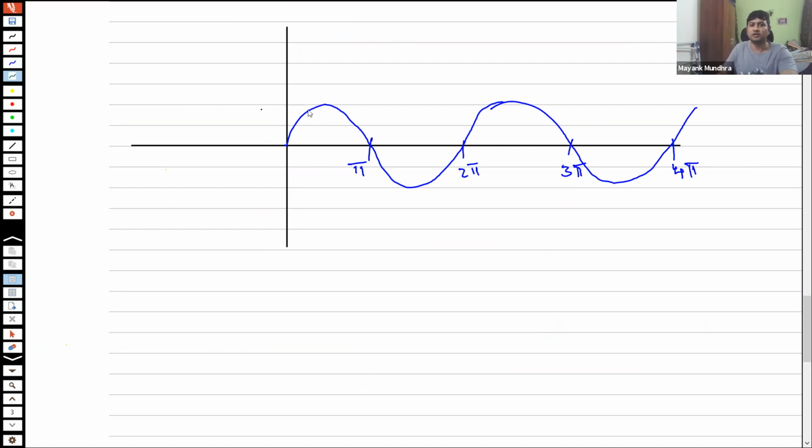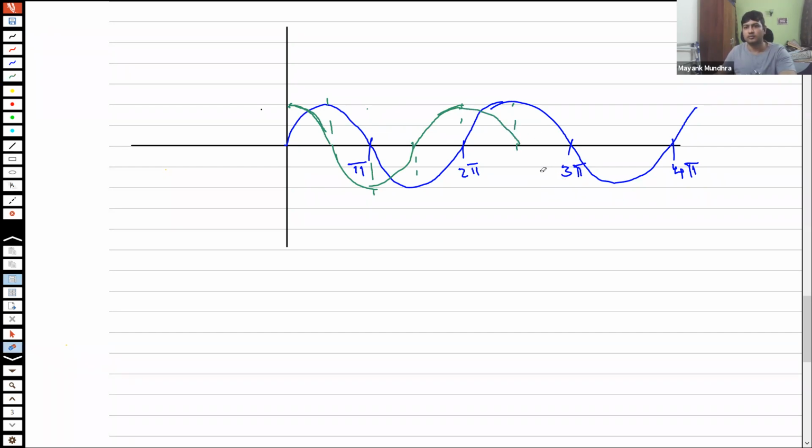On the other hand, the cos curve is the same thing with some phase difference. Never good at drawing this. This becomes 0 here. Here it will achieve its minima. Here it will achieve 0. And here it will achieve its maxima. Then here it will again achieve 0.